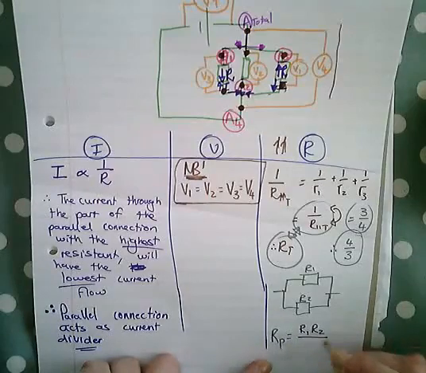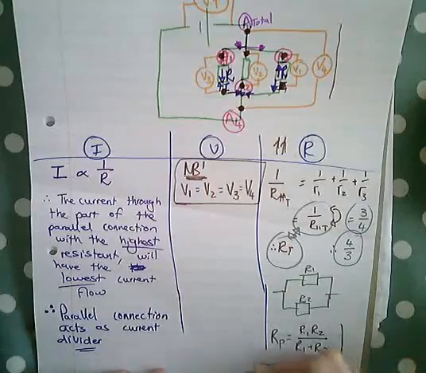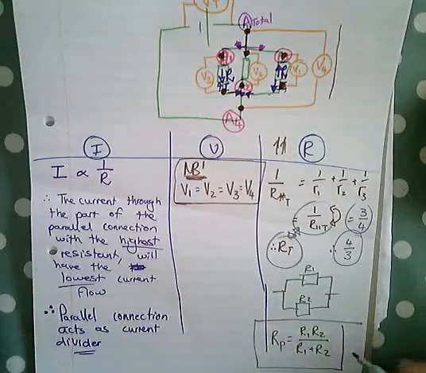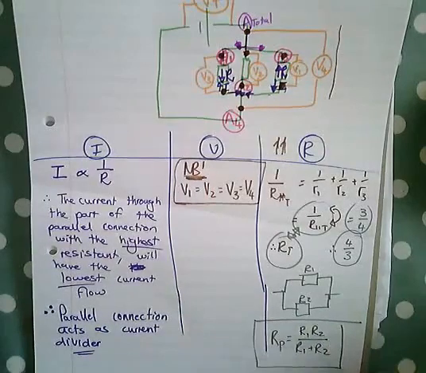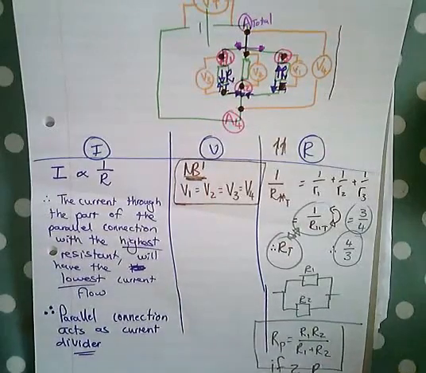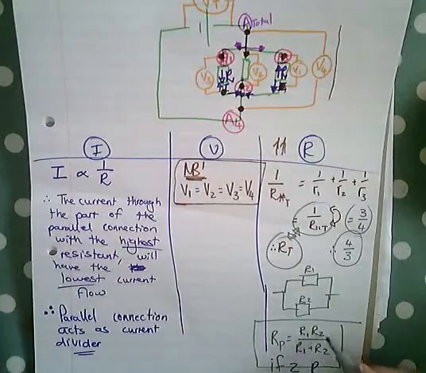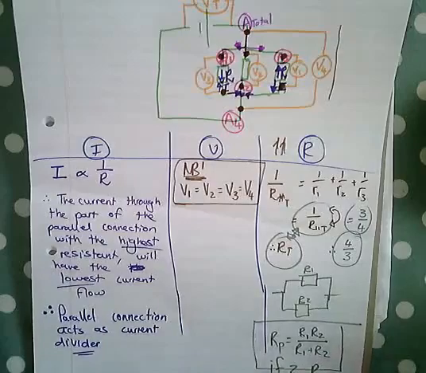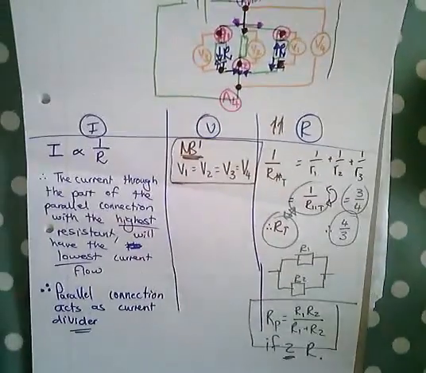So this is one formula you can use if you have only 2 resistors. Then you take the product of the 2 divided by the sum of the 2 to give you the parallel connection's total resistance. Okay.